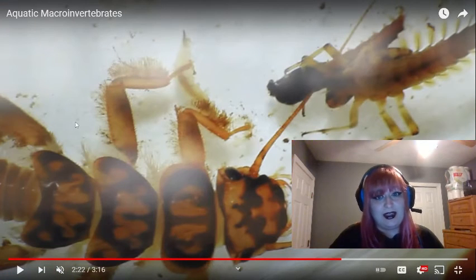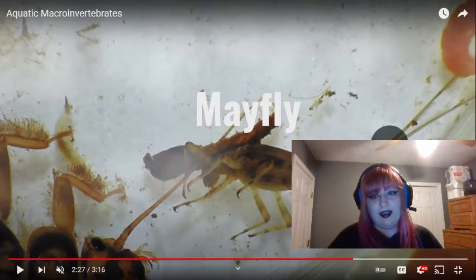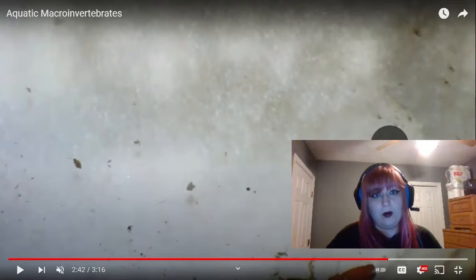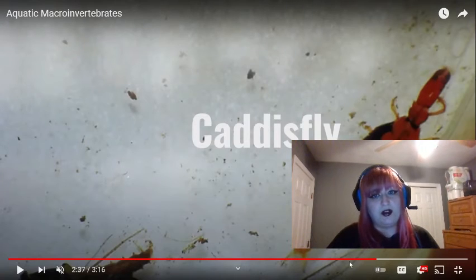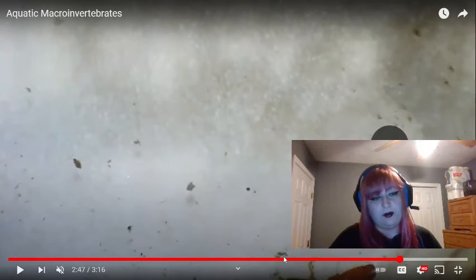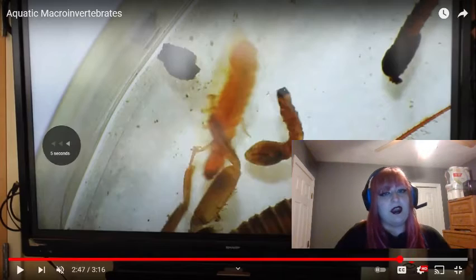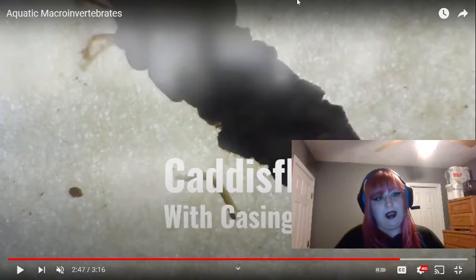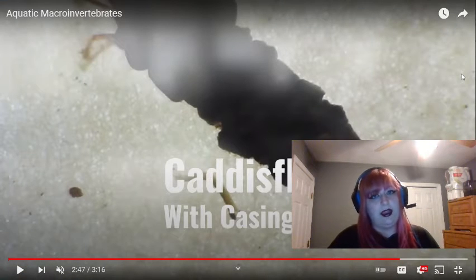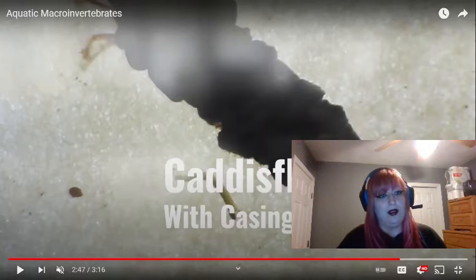And the caddisfly, we see one without his little casing, and then we physically see one with his little casing. This one happened to choose stones just from the stream it was in. They are also sensitive to pollutants and are a good indicator that the water quality is also good.